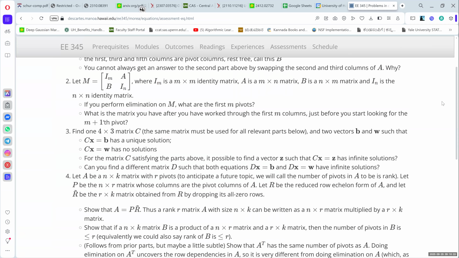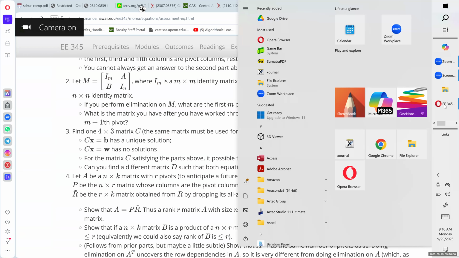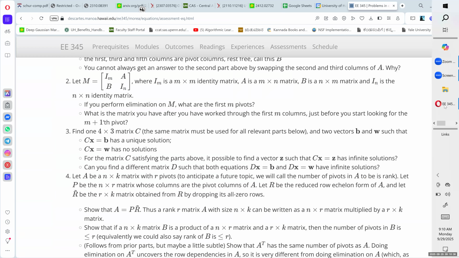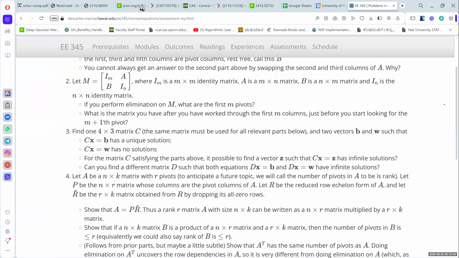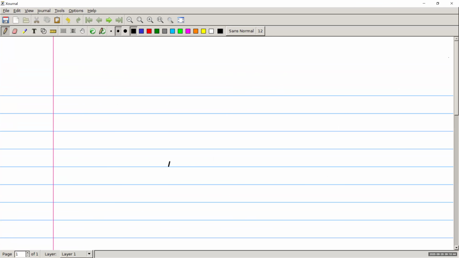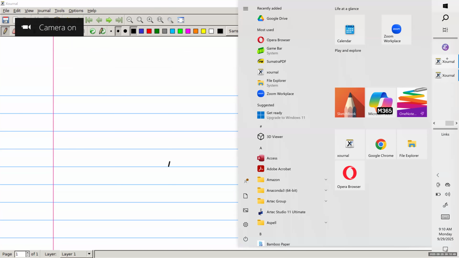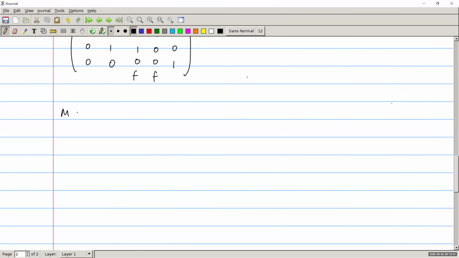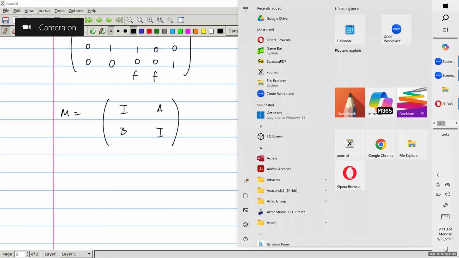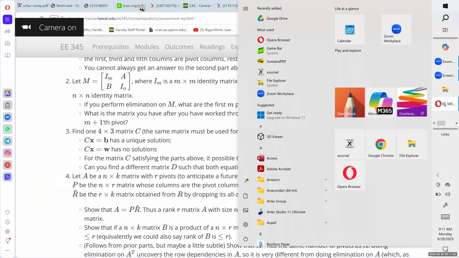So you have a matrix M. What are the sizes of M and N?